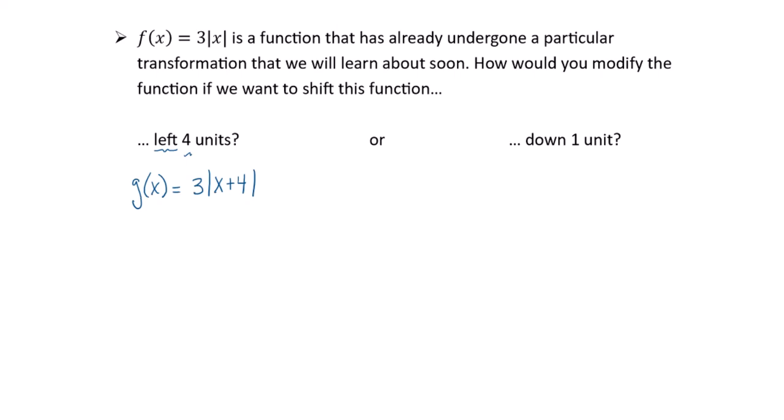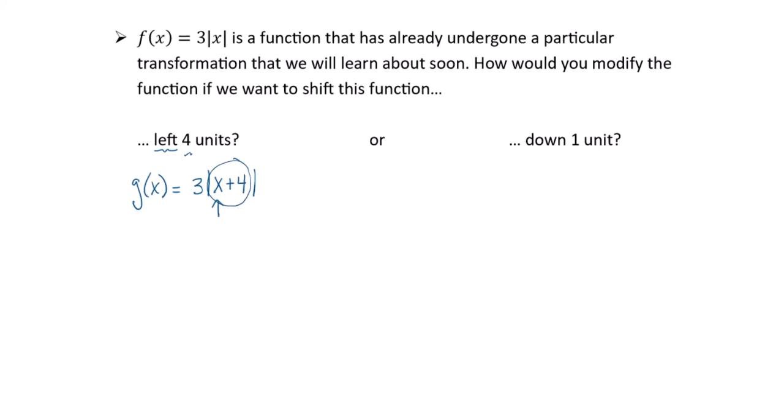Remember, this is so that we can get the same output in that place where that function has moved as we had before. Just think about what x you would put in here to get back to this being 0.